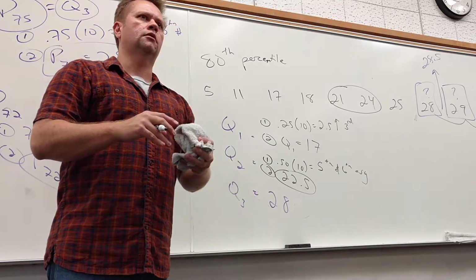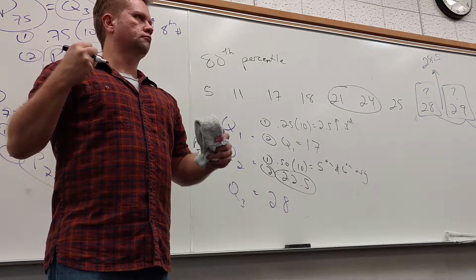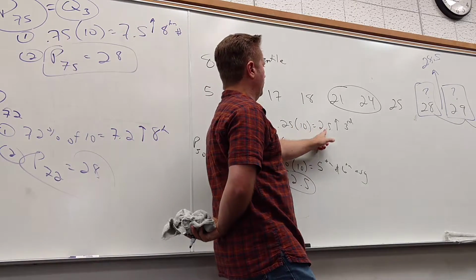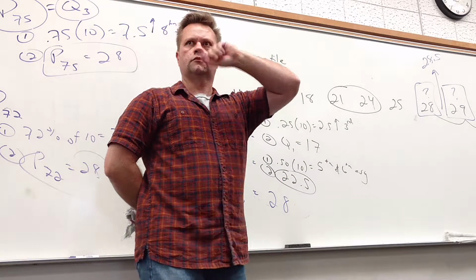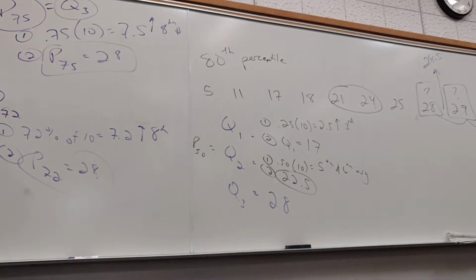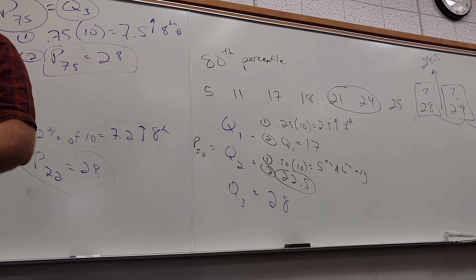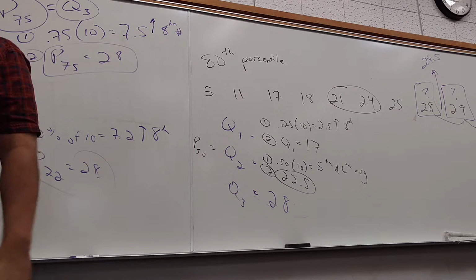So if you came out to 2, whole number, I got to average the second one with the third one, between 11 and 17. Then you get 14.